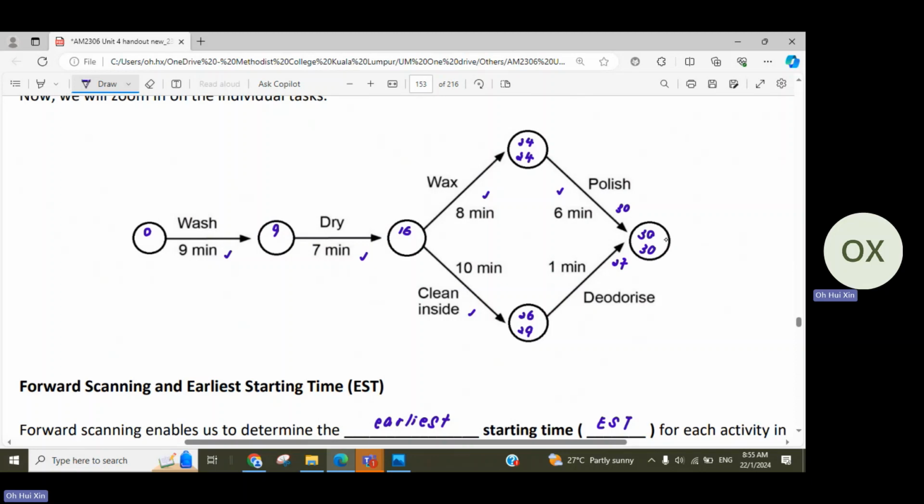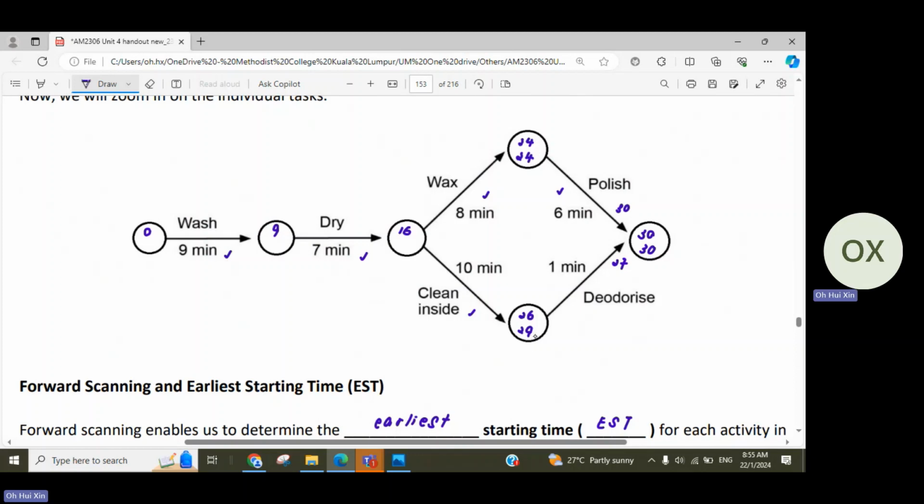Recall that wash, dry, wax, and polish are critical activities, so these are activities that you can't delay. Under the situation where you can't delay, your EST and LST are supposed to be the same, because the latest time is also your starting time, since you can't afford any delay.